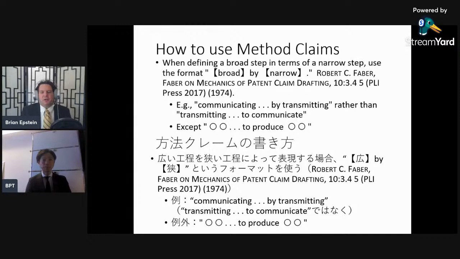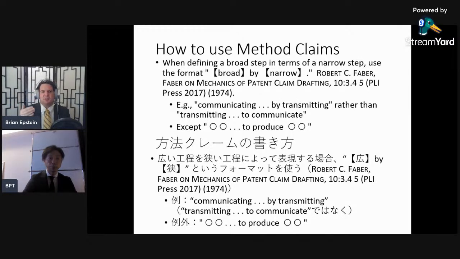For every rule, though, there's usually an exception. And so one of the exceptions I came up with is "except for X to produce Y."